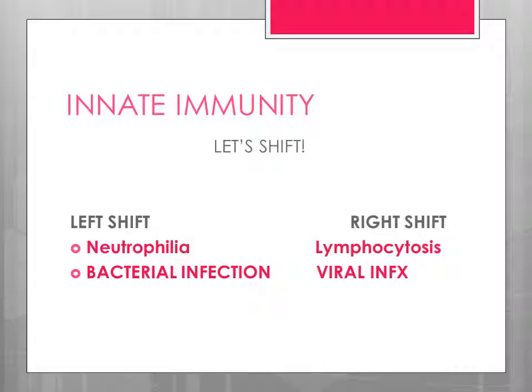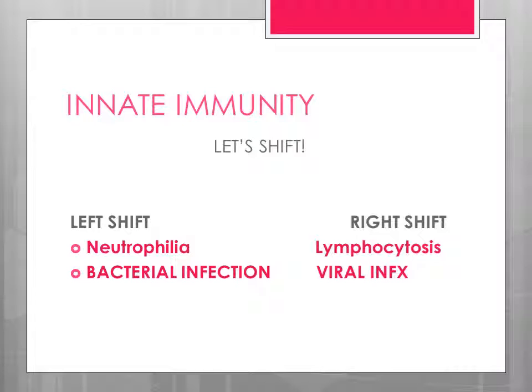And that's why it's called a shift to the left or a left shift, because you're going to have high levels of neutrophils, all right? So remember we said that neutrophils were 60% and lymphocytes we said were 30%. Well, now imagine that your neutrophils are at 90% and your lymphocytes are at 10%.